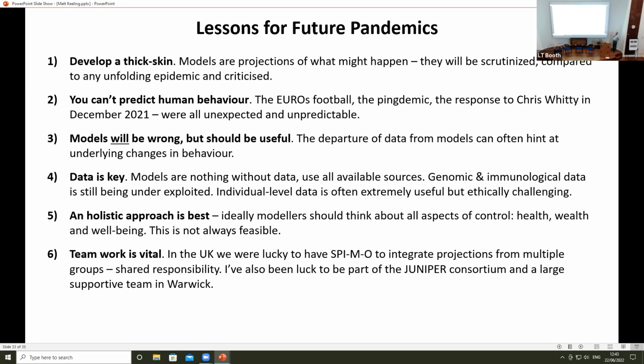Models are going to be wrong, but hopefully they will be useful. And quite often, when the data doesn't match your model forecast, it tells you an awful lot about what's going on. Data's key. Models are absolutely nothing without data. And I think for the next pandemic, we've got to try and use all available sources more, especially genomic and immunological data, which I think has been underexploited.